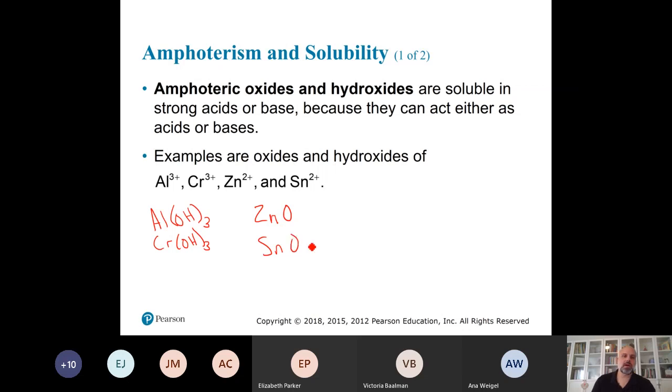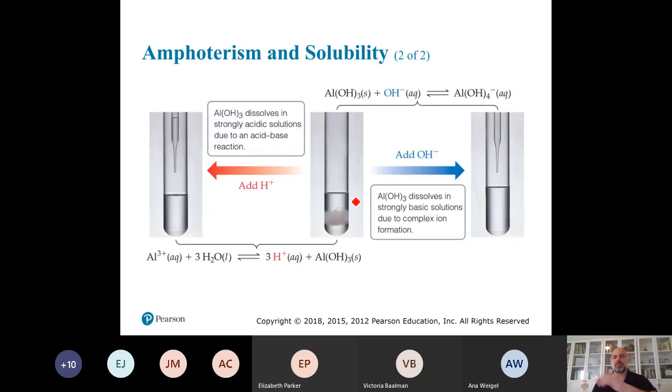That is what they're talking about, oxides and hydroxides, right? And they're going to talk about them because they have this amphoteric character, and the reason for that is right here. So it makes sense if we look at the left-hand equation.